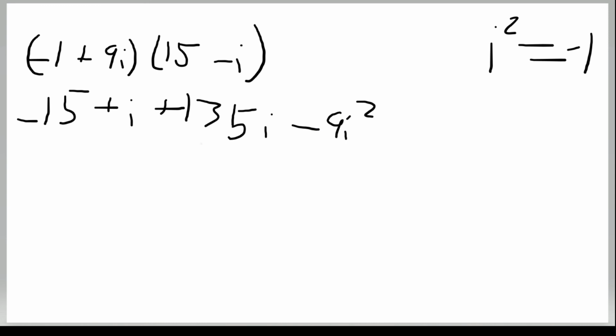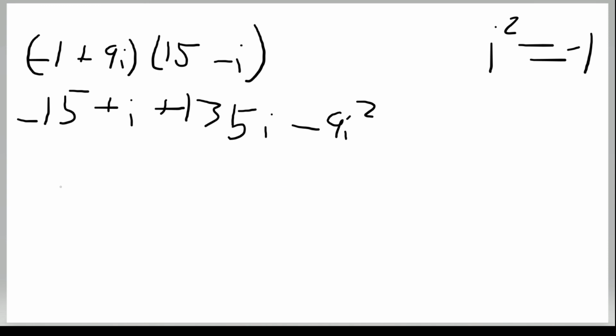So from this, you just combine them. Remember over here, i squared is negative 1, which would turn this negative 9i squared into just 9. So it would be negative 15 plus 9, that would be negative 6.